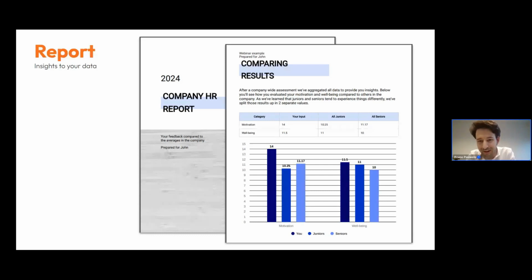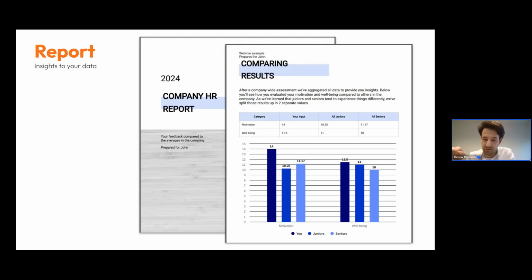But in this report, I evaluated John compared to the others in the company. So John is just one of those people that responded, and in the second column, you see I've got his input, so his specific response to the questionnaire.